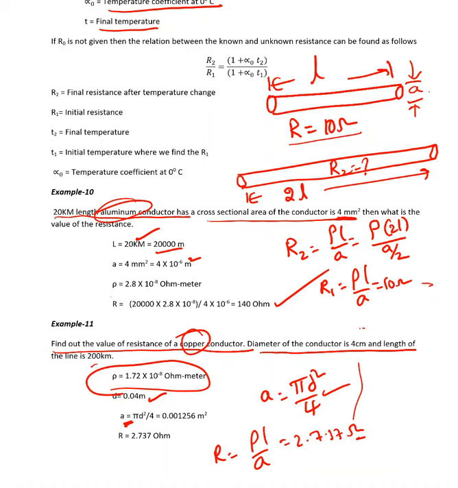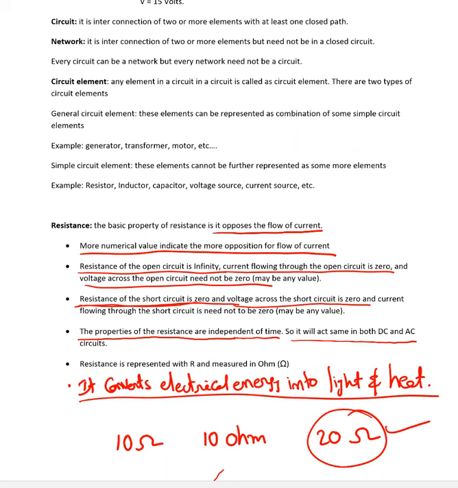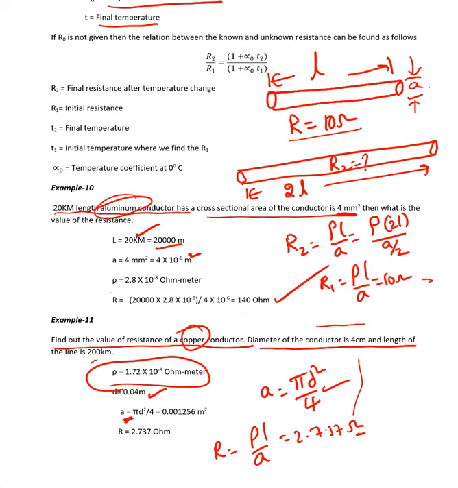So R2 value must be 4 times rho L by A. Rho L by A equal to 10 ohms, so the new resistance value is 40 ohms. When I stretched it, length is doubled, at the same time cross-sectional area is halved, so the resistance value increased 4 times.